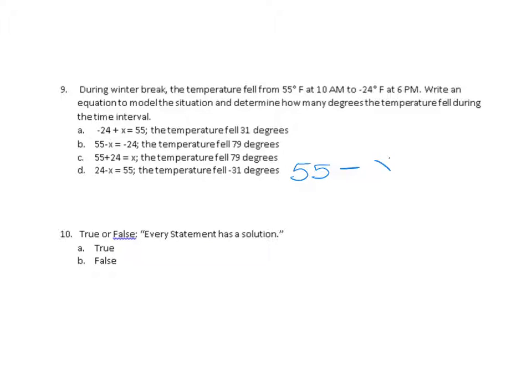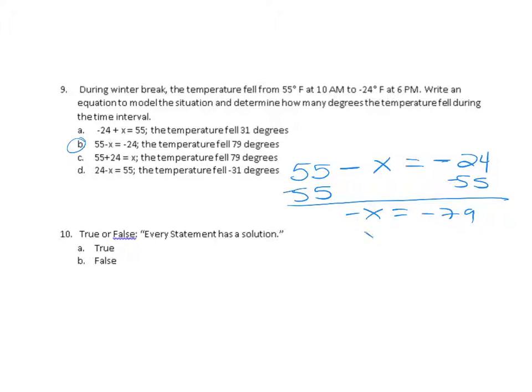A certain amount, you don't know how much, and you ended up with negative 24. Does that make sense? So right away I already know that this must be my solution, and then I solve just to make sure. I get negative x equals negative 79. X equals 79, so the temperature fell 79 degrees.